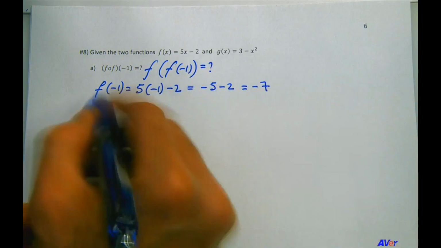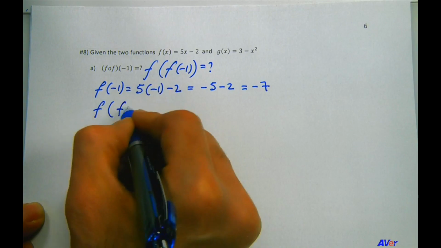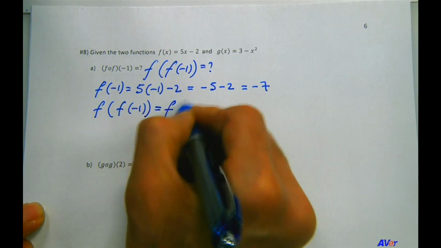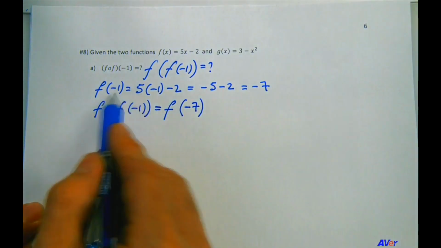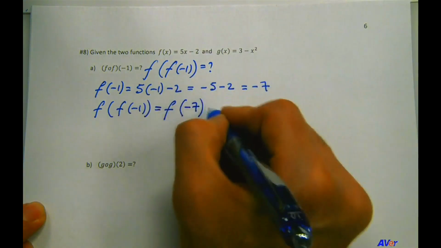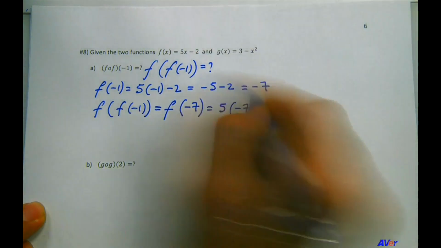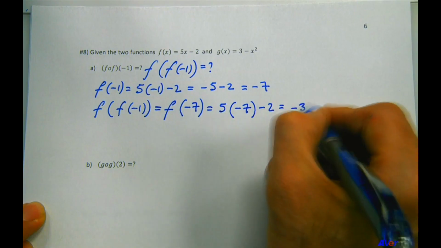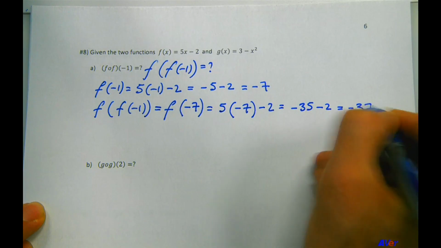Now f at f at negative 1 is equal to f at negative 7, because we found this piece to be negative 7. Then that is equal to 5 times negative 7 minus 2. So we have minus 35 minus 2, minus 37.